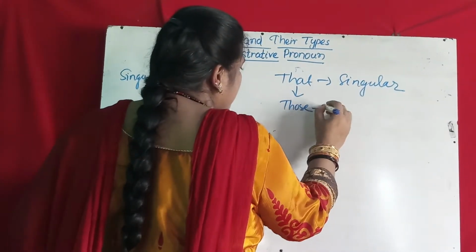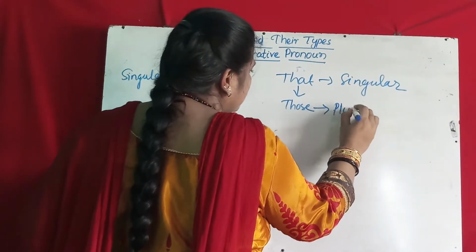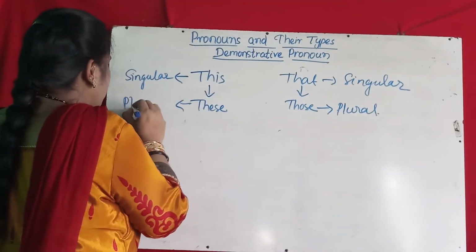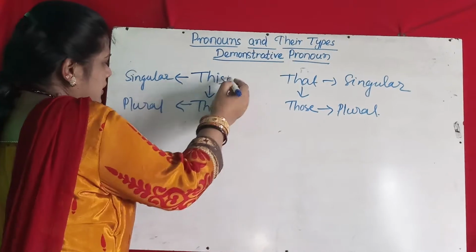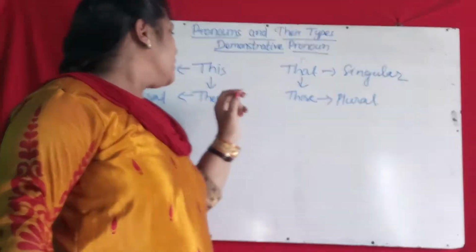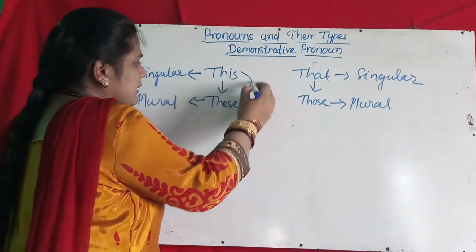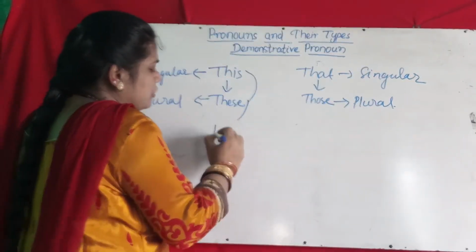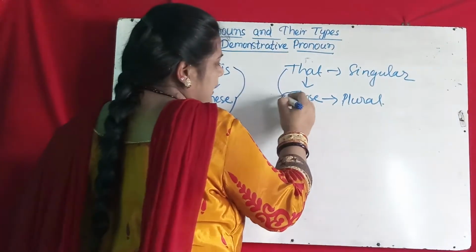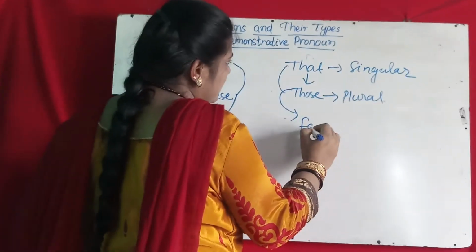Those is used for plural nouns, and these is also used for plural nouns. So this and these are used for near things, and that and those are used for further things.